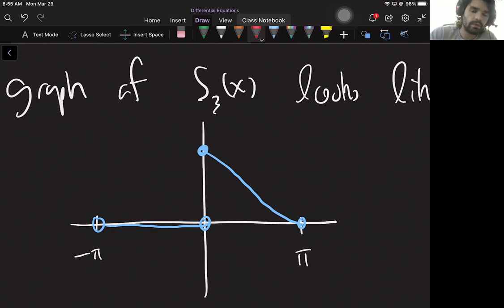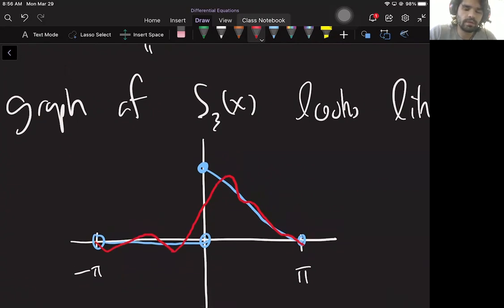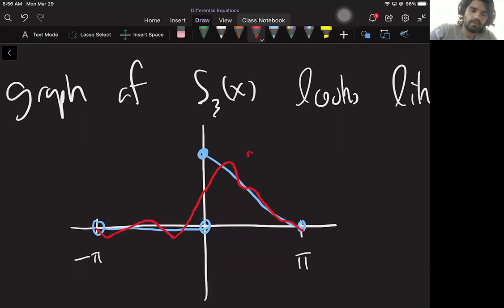And our S3 will look something like this, I'll try to draw it as best I can. Something like that. And you can see it sort of looks like the function, but it's nice and smooth instead of jumping up. And this is what will happen with Fourier series. So this would be like S3 of x versus f of x.